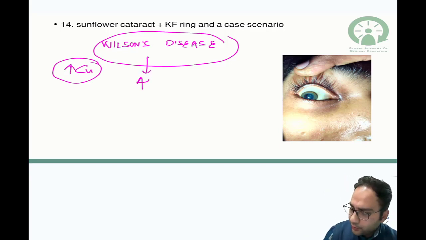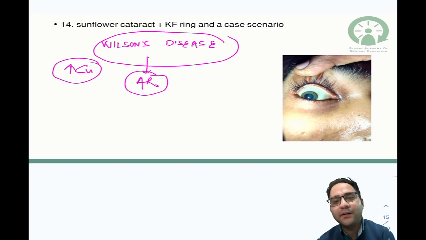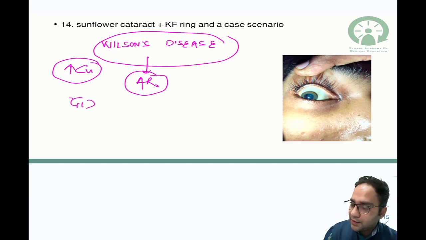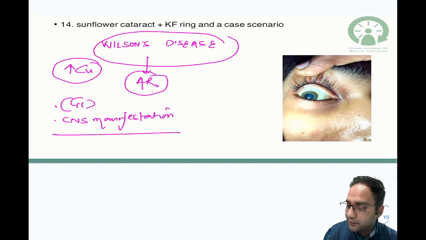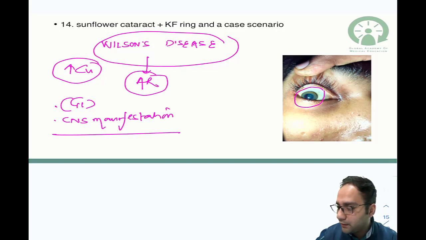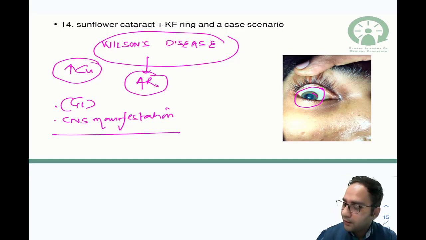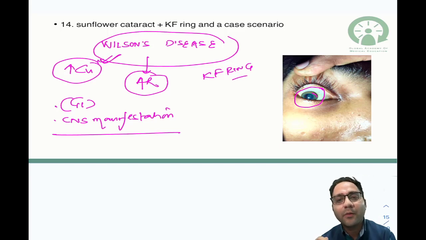This is an autosomal recessive disease which has got GI as well as CNS manifestations. You can see very clearly that this is the KF ring. So the answer here is copper. This is due to the deposition of copper.